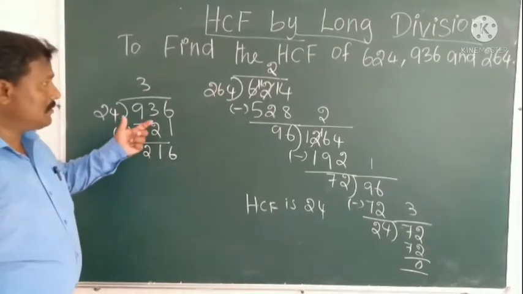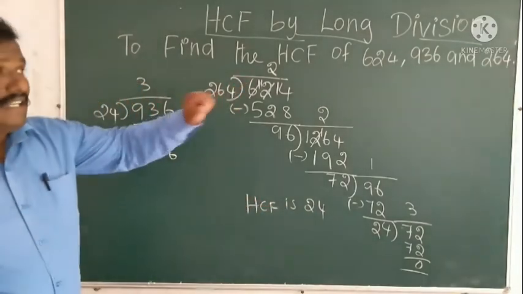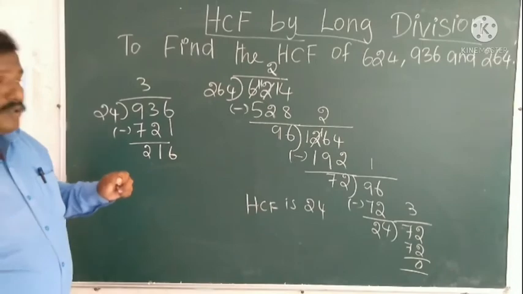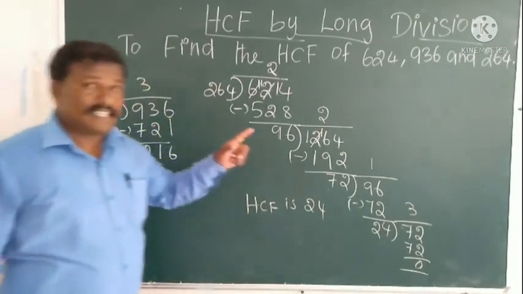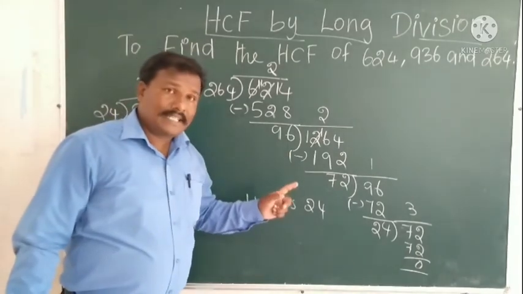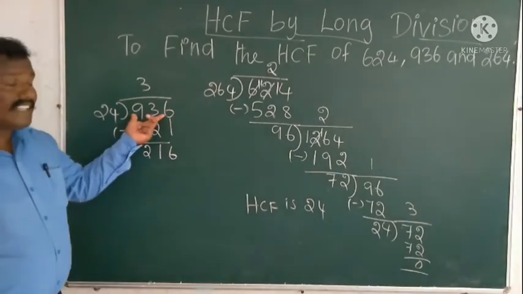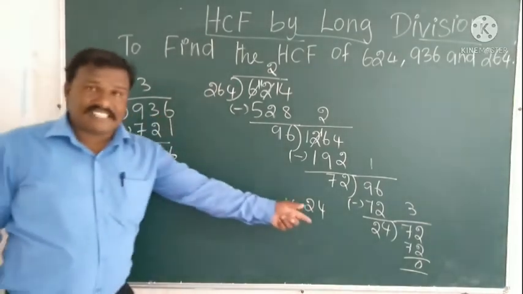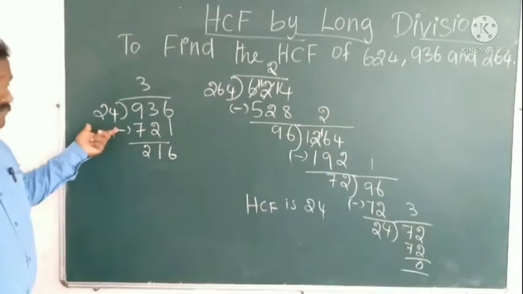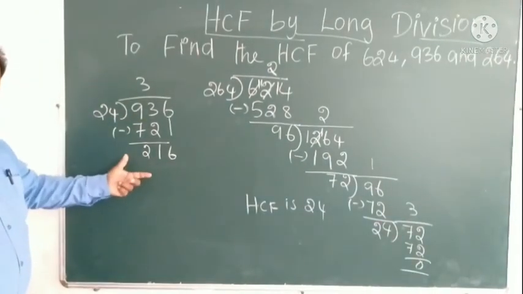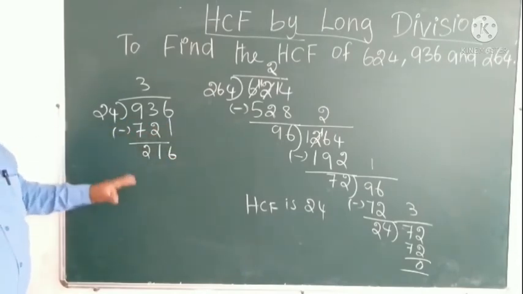We found the highest common factor, but we have one more number, 936. So we want to check whether 936 is also divisible by 24 or not. So we take 936 as a dividend and the last divisor 24 as a new divisor. In this step, no need to follow the previous step; it's an ordinary division.